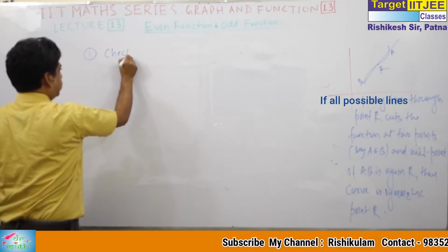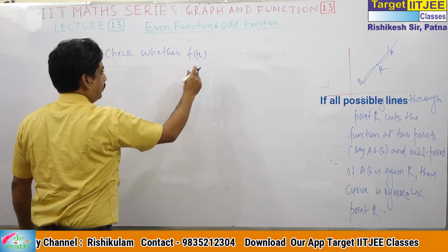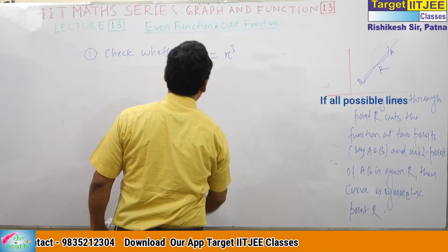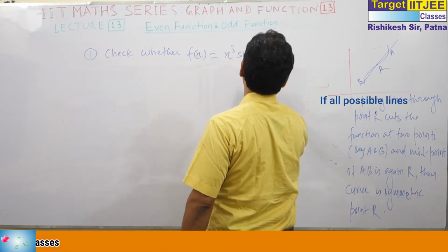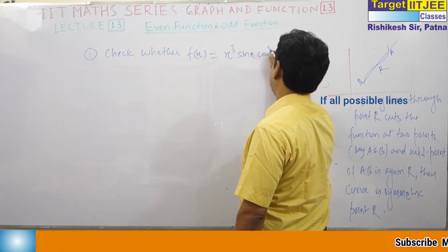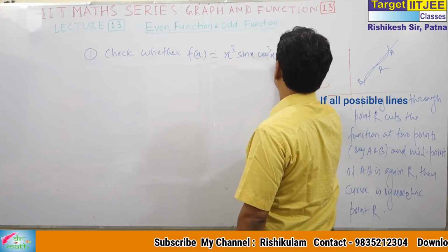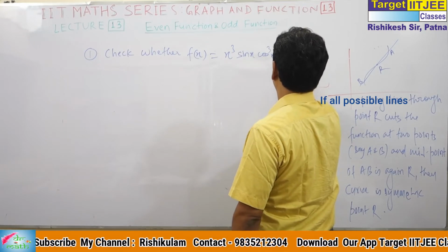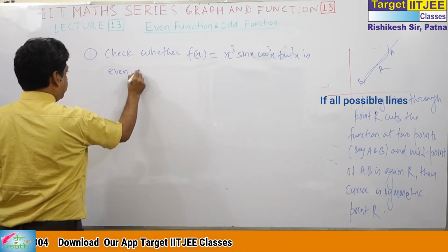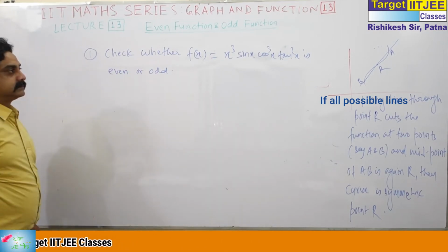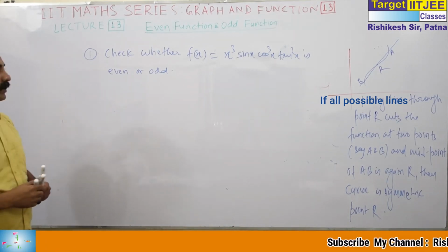Check whether f(x) is equal to x cube sin x cos cube x tan square x is even or odd. How to go with this? The simple one. Check whether this is even or odd or neither.